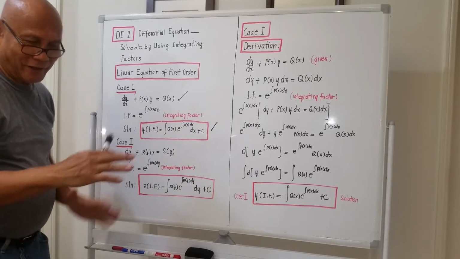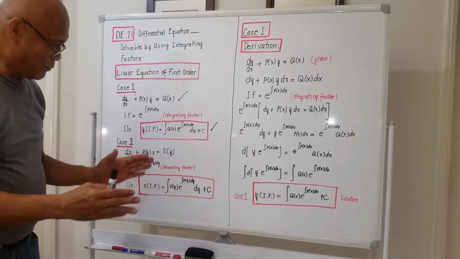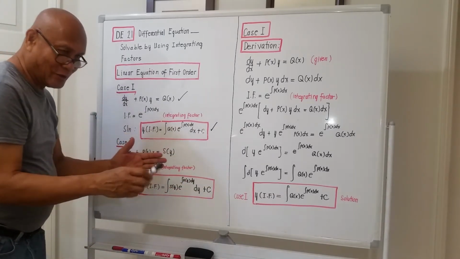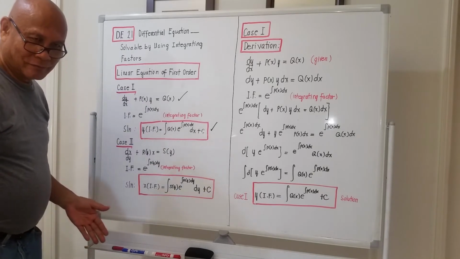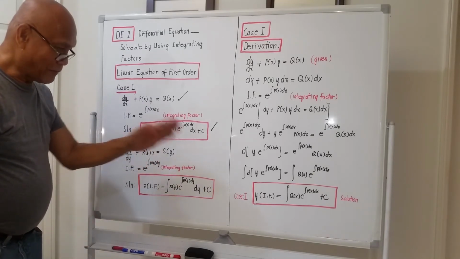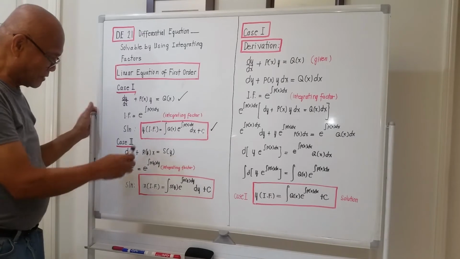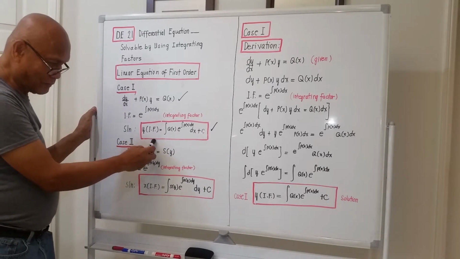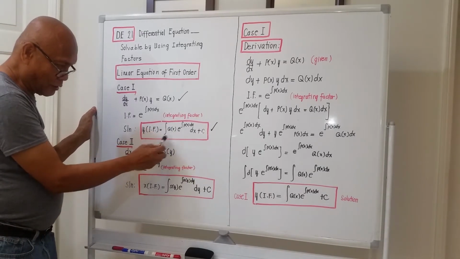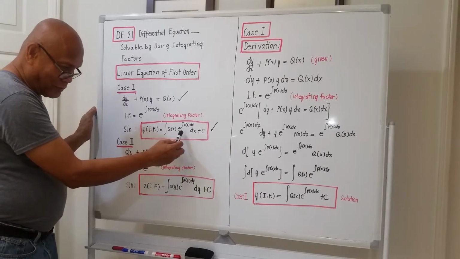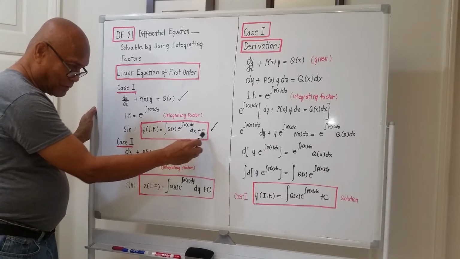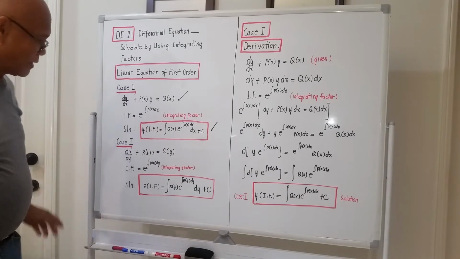Pray that it will be an easy thing, because if you cannot evaluate the integral, you cannot bring out the solution. The left-hand side is y times the integrating factor, equal to the integral of q of x times the integrating factor times dx plus c. That is case number 1.